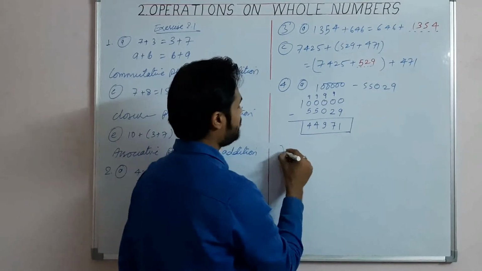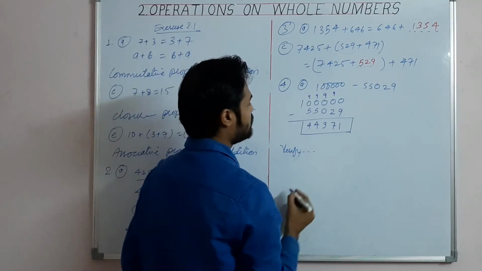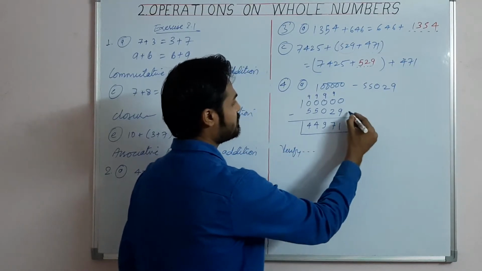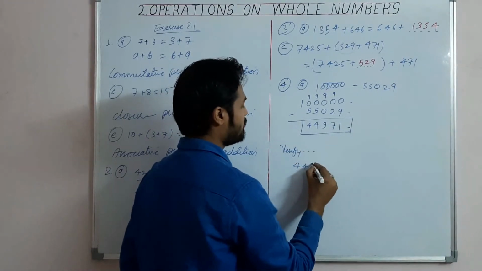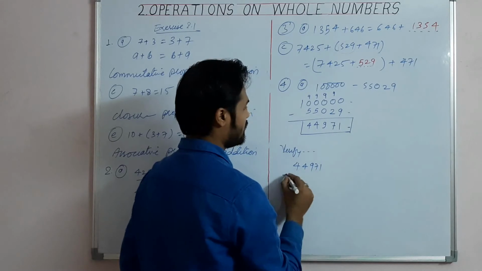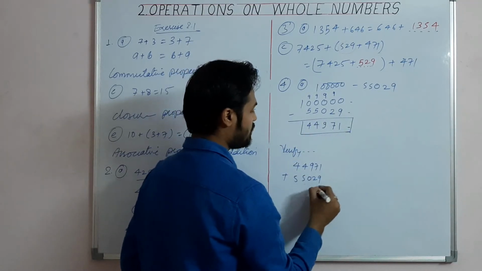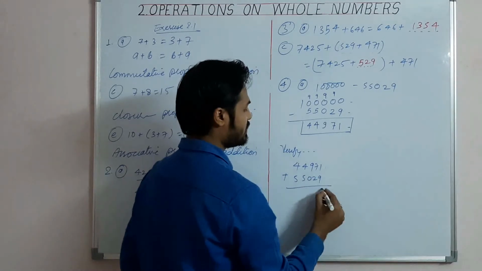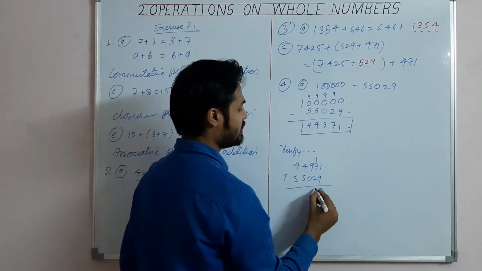Now verification. To verify, what to do? This plus this must be equal to this. So we'll add 44971 and 55029. 9 plus 1 is 0, carry 1. 7 plus 2 is 9, plus 1 is 10.